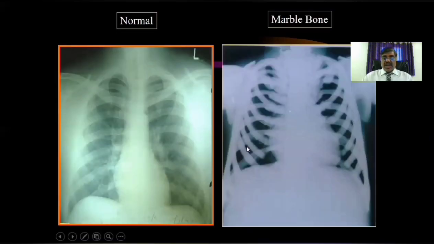And this is the chest radiograph showing the ribs, and you can compare the normal chest radiograph with that of the patient, where normally you have a medullary bone and cortical bone on either side. Everything is lost, and you can also appreciate the cardiomegaly. This patient is severely anemic, so the heart has to perform extra, and it has resulted in cardiomegaly.